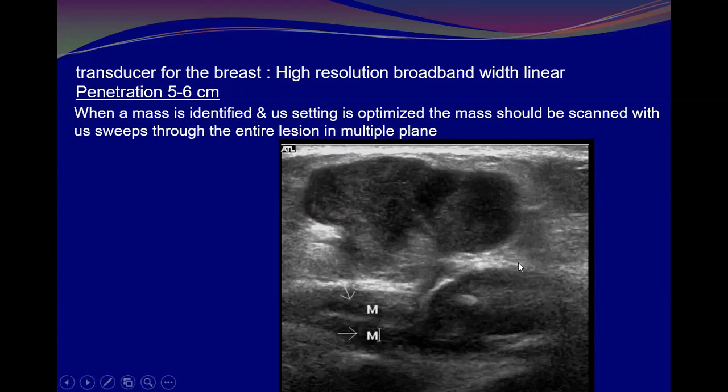But by optimizing the image and looking at its deeper part, look at the image here, the posterior part is ill-defined and infiltrating not only the pectoralis minor but also the pectoralis major. These are the pectoralis minor and major muscles, and the infiltration is by invasive cancer. If we could not see the deep portions of the lesions, we could not evaluate for cancer itself.